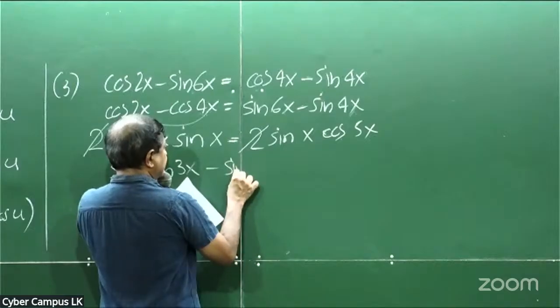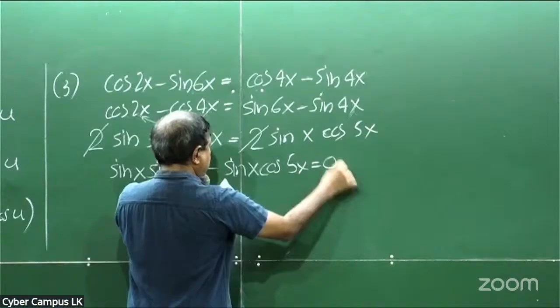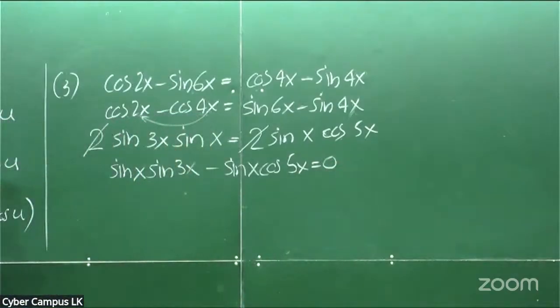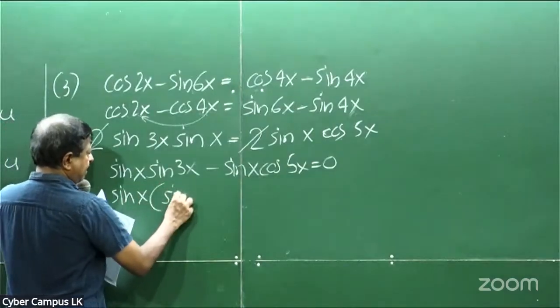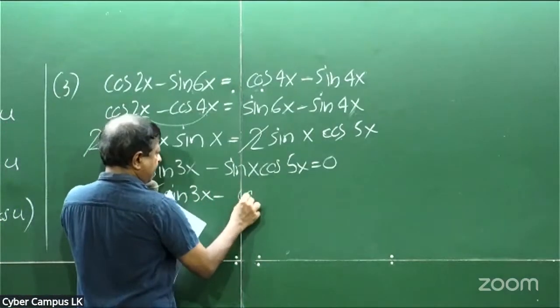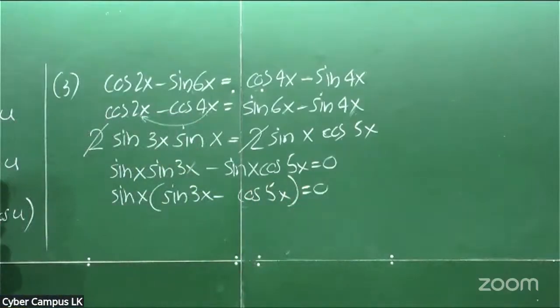Yeah, we get stuck with this. Sine 3x, we are left with sine 3x, but still we can solve it. It's not a big deal. We'll pull out sine x. Right. Now we have two solutions, right?